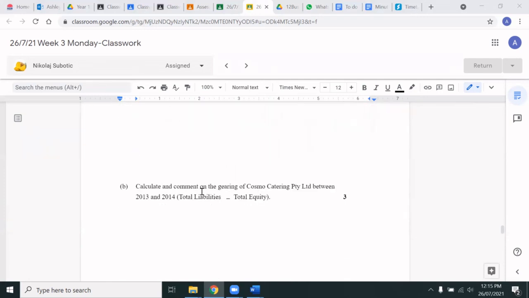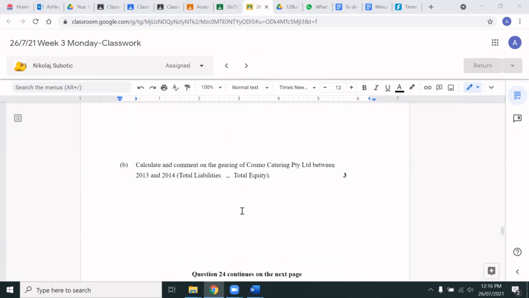Next one, calculate and comment on the gearing. Same deal. I'm making up an answer here, but this is what you'd include. Let's say in 2013, the gearing ratio was 200% or 2 to 1. In 2014, the gearing ratio was 100% or 1 to 1.